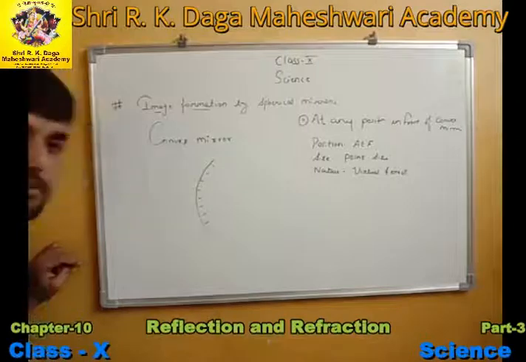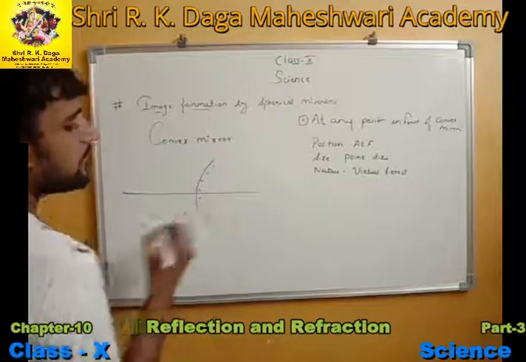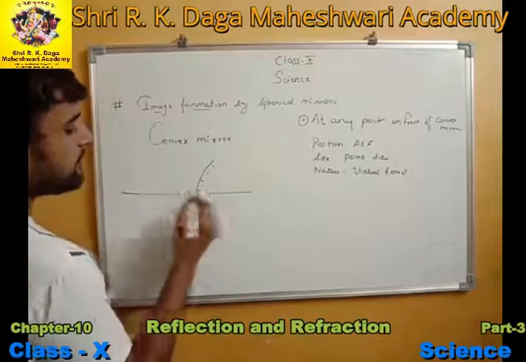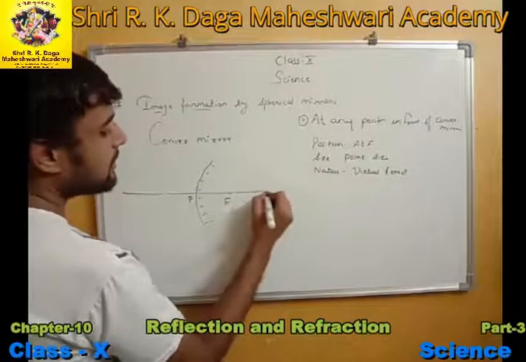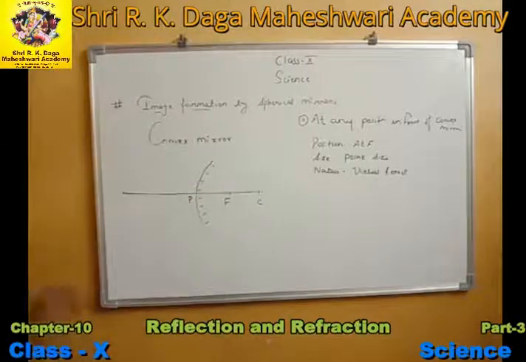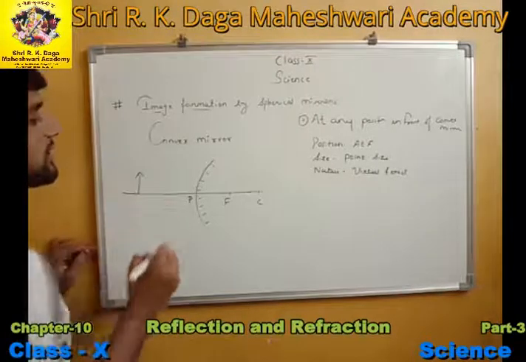This is our convex mirror since it is polished from inside. This is the principal axis, P be the pole, F be the focus, and C be the center of curvature. Okay, and we assume that our object is placed here.